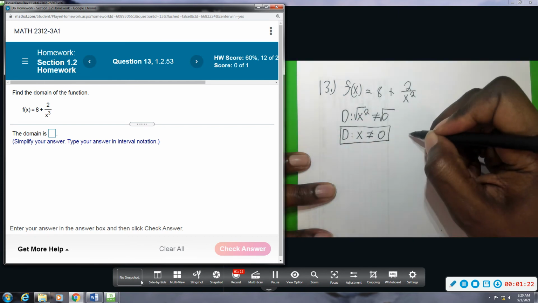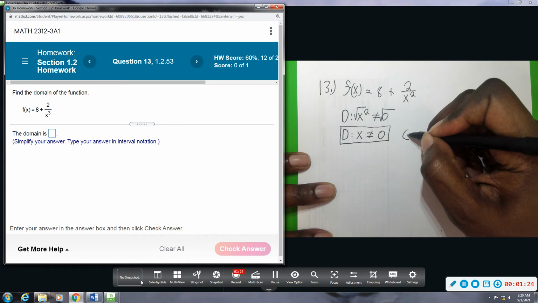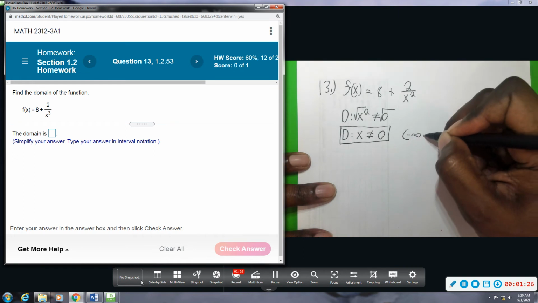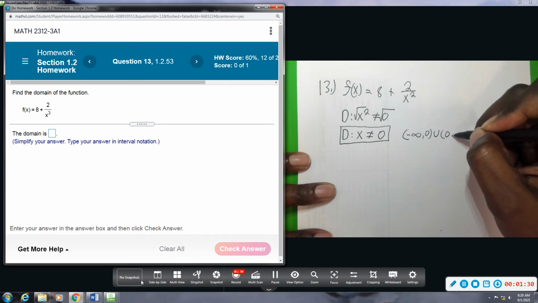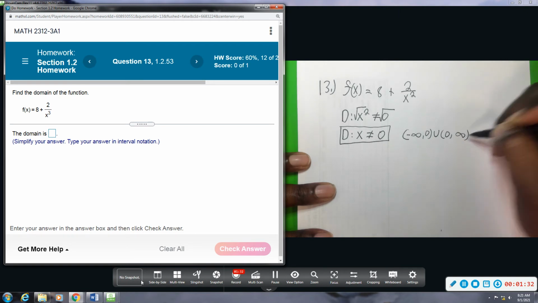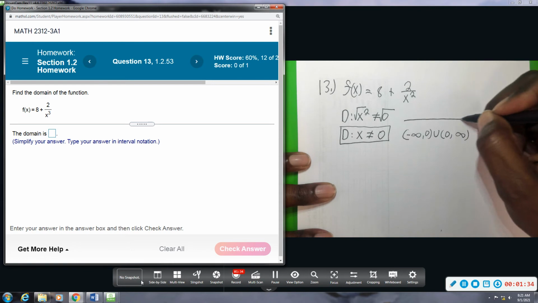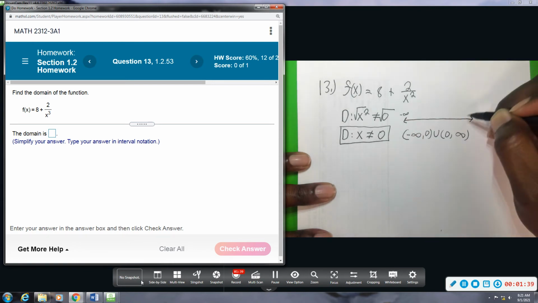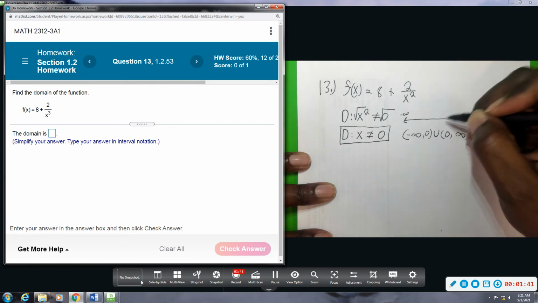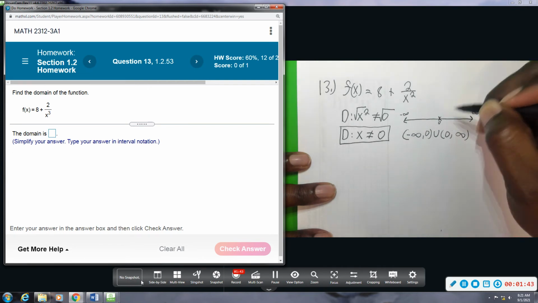Again, in interval notation, we would write this as negative infinity up to 0, union 0 to infinity. So again, remember that comes from this number line scenario. I would always do the number line, and that'll help you kind of see what's going on. 0's in the middle, we're removing that point.